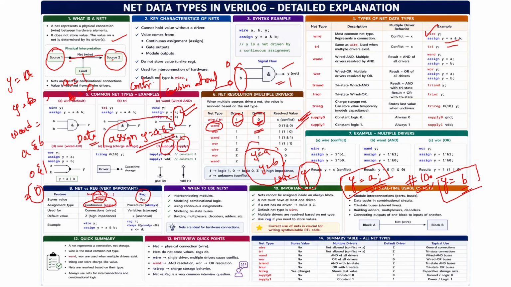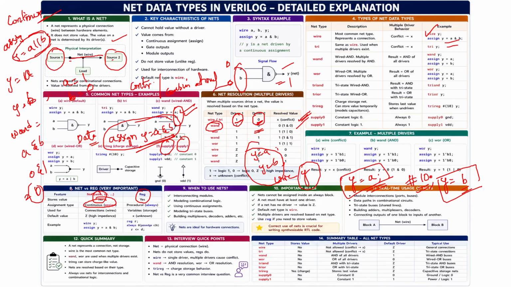In this way we are assigning the values. Similarly, if you are writing an OR gate, simply assign y equal to a or b. In this way we are assigning. Simple keyword. So these combinational circuits are always called continuous assignments. For the continuous assignment type we are using wire.